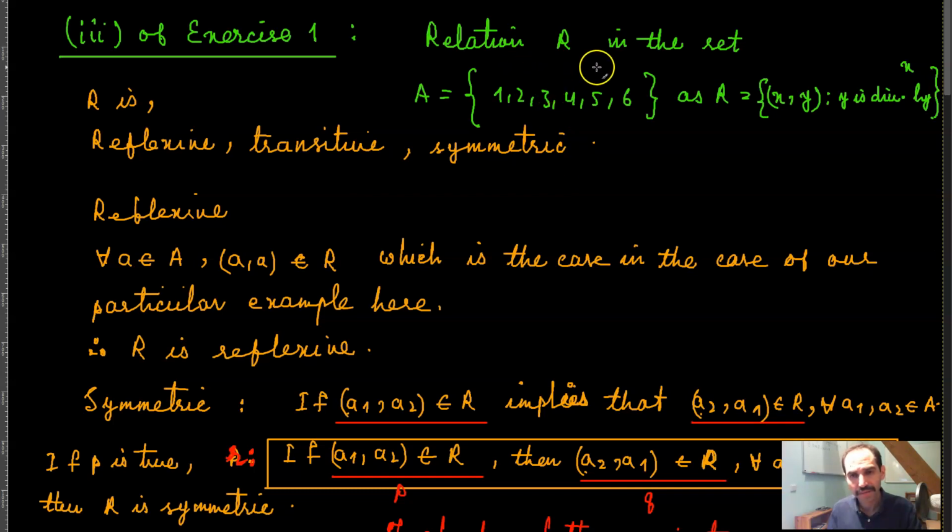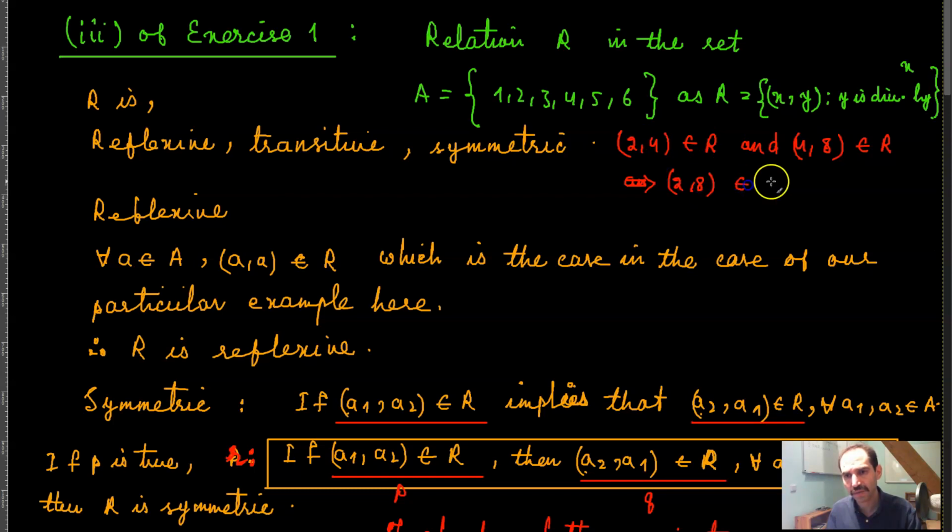Meaning that, for example, suppose that 2 comma 4, you know that it does belong to R, because 4 is divisible by 2. And also you know that 4 comma 8 also does belong to R. And also you know that 2 comma 8 does also belong to R, because 8 is divisible by 2 as well.